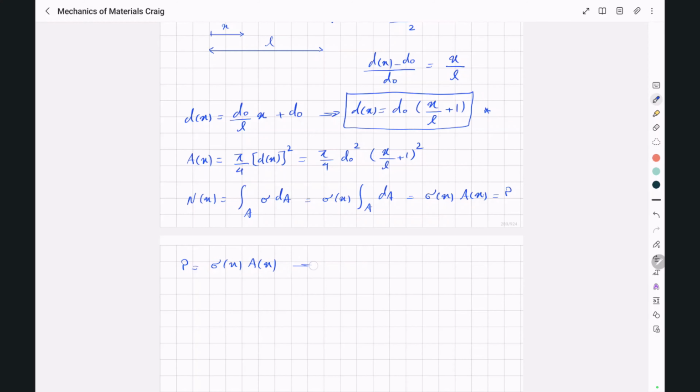and sigma x will be equal to P divided by Ax. And for Ax, we can use this equation.